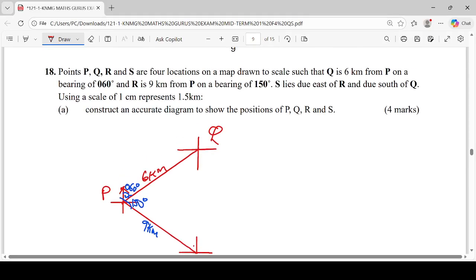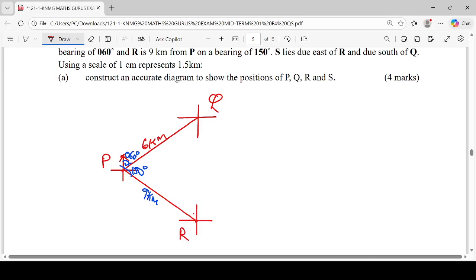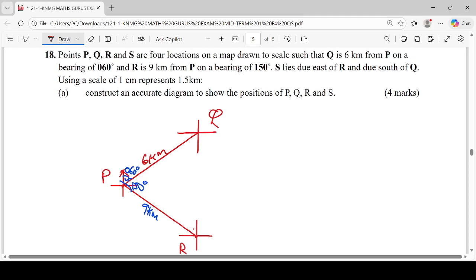Then we're being told that S lies due east of R, and due south of Q. Sorry, let me correct something here.